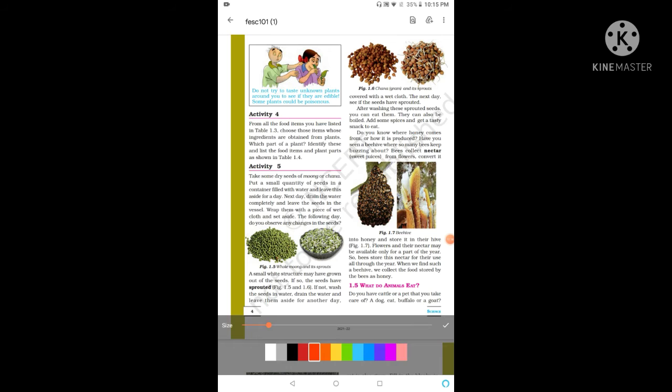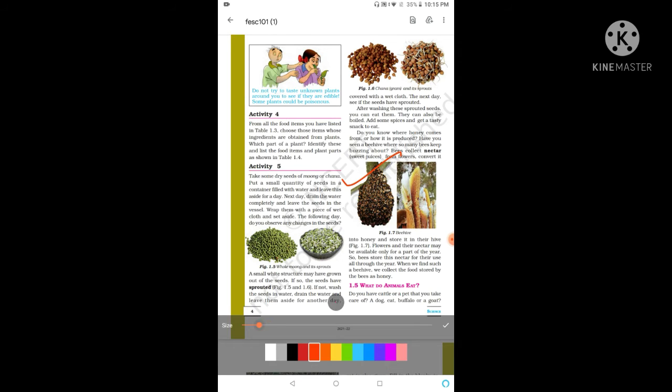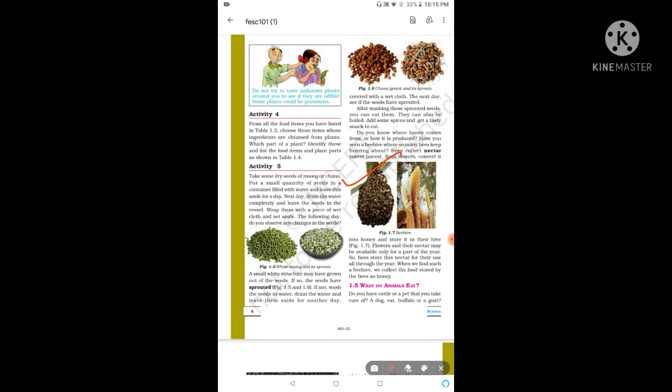Flowers and their nectar may be available only for a part of the year. So bees store this nectar for their use all through the year.